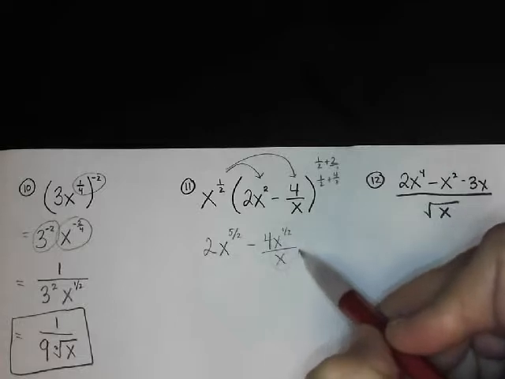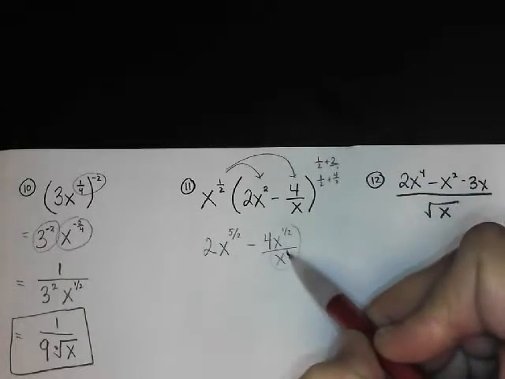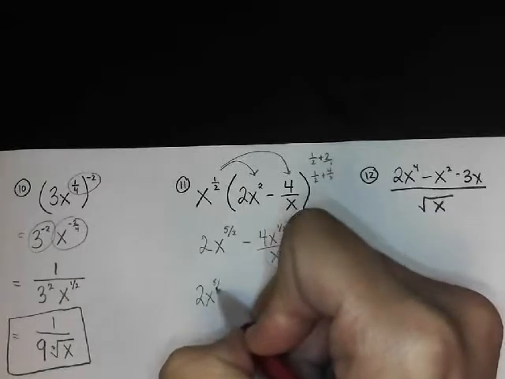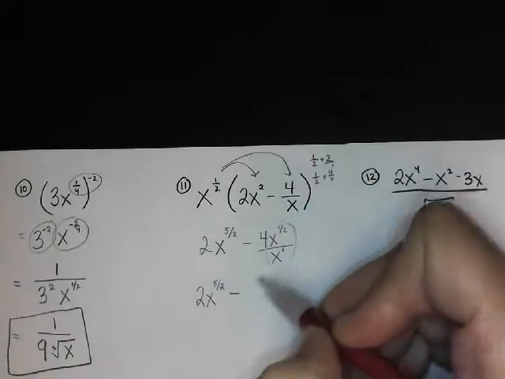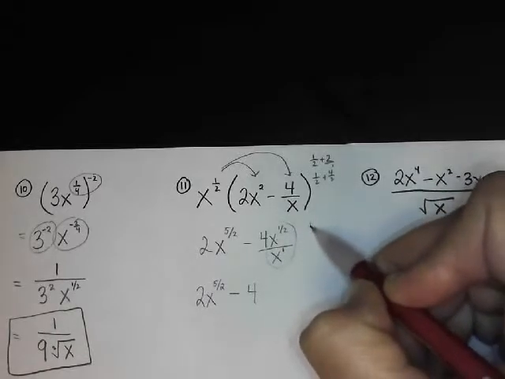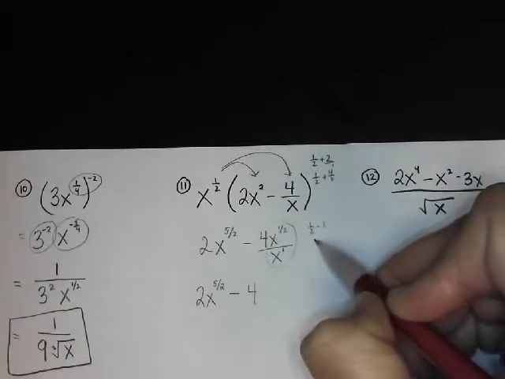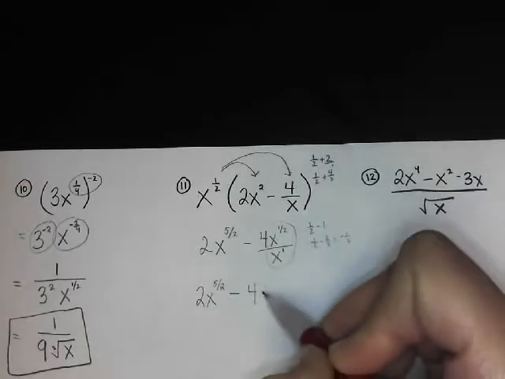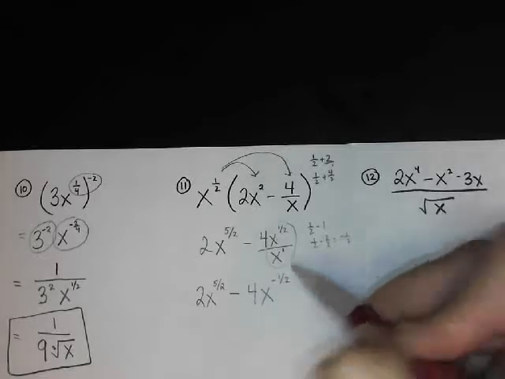So this is going to require some common base work. This is technically to the first power. So I'll have 2x to the 5/2 minus, and then 4, and then subtract your exponents. 1/2 minus 1 is 1/2 minus 2/2, which is negative 1/2. So 4x to the negative 1/2.